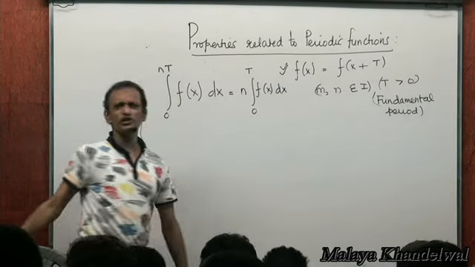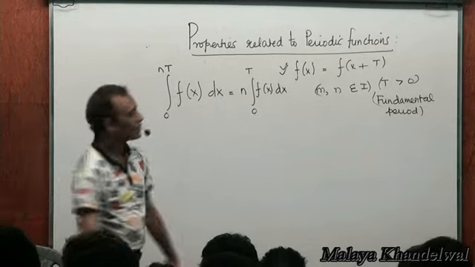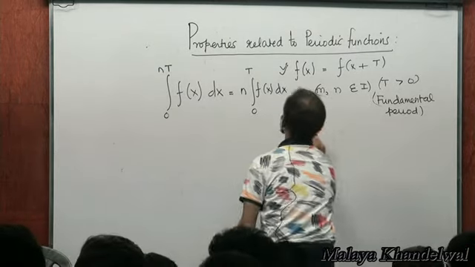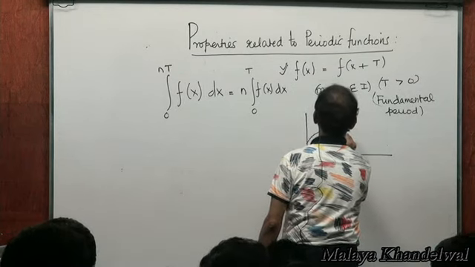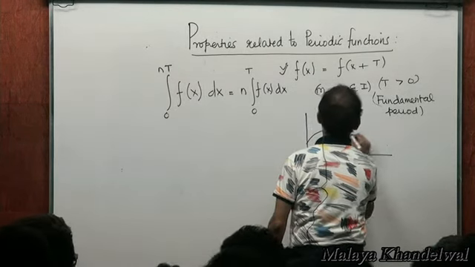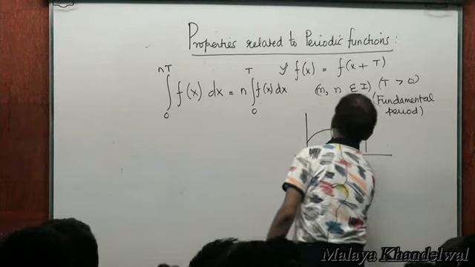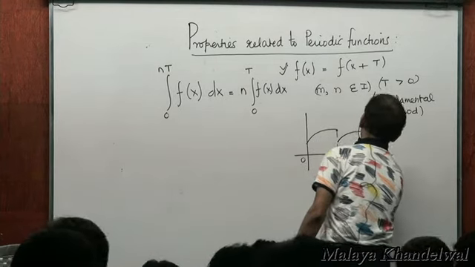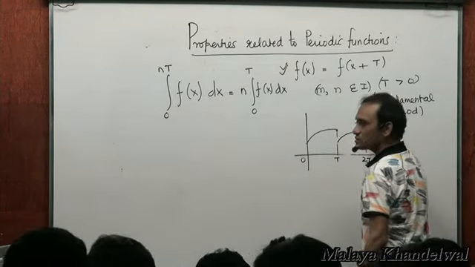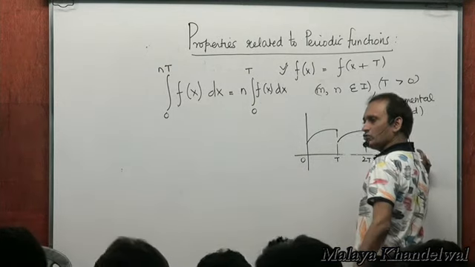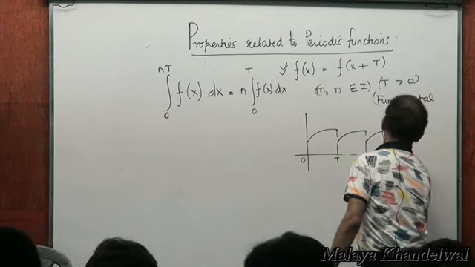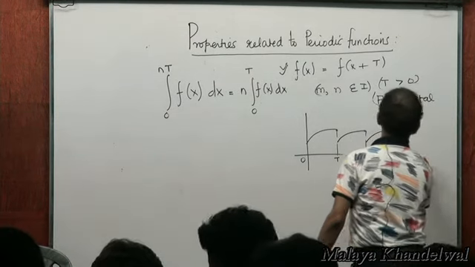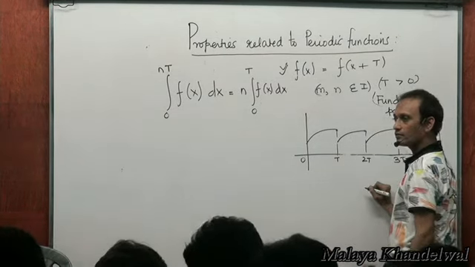Now that's not difficult to see geometrically, because you realize that the function from 0 to t looks like this, 0 to 2t, it's like this, right? Because it's periodic, it will replicate its character every t units, t to 2t to 3t, and so on and so forth. Yes or no?